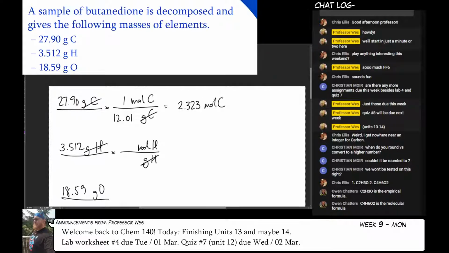All right, we'll do the same thing with hydrogen. Hydrogen is 1.008 grams per mole, and I get 3.484 moles hydrogen.